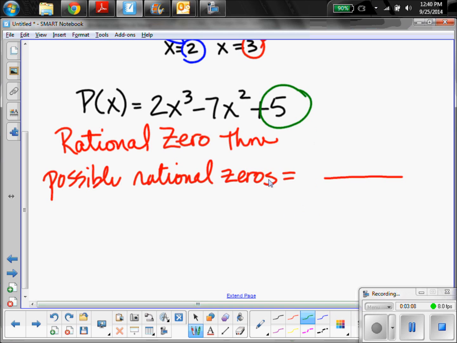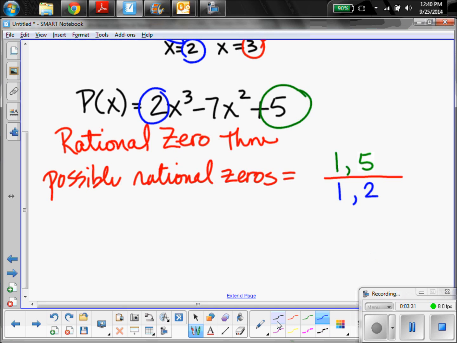My constant is 5, and the factors of 5 are 1 and 5. Then the denominator will be the factors of your leading coefficient. In this case, mine is 2, and the factors of 2 are 1 and 2.